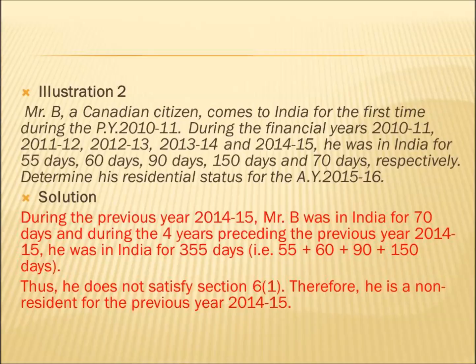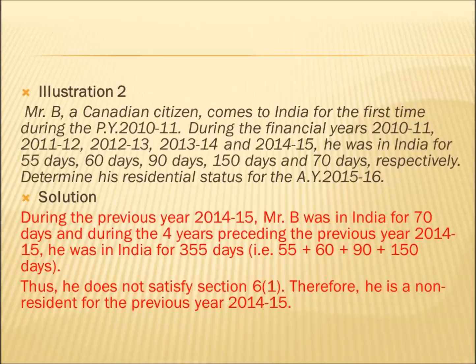Now the solution. Since we have to determine his residential status for the assessment year 15-16, we have to see the previous year 14-15. All the conditions we have to see with regard to the previous year 14-15. So what we have to do first is, we have to determine whether he is a resident or a non-resident.